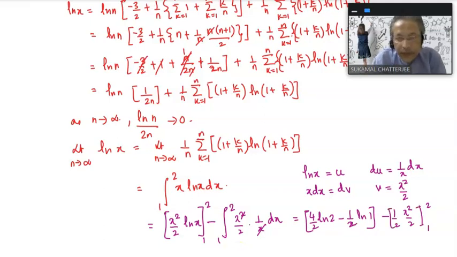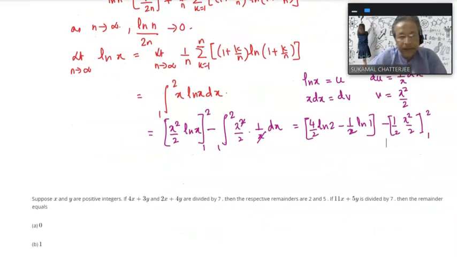So therefore your expression becomes 4 by 2, which is 2 ln 2 minus 0, that is 0, and then the second part becomes minus 1 by 4 times x square, which is 4 minus 1.